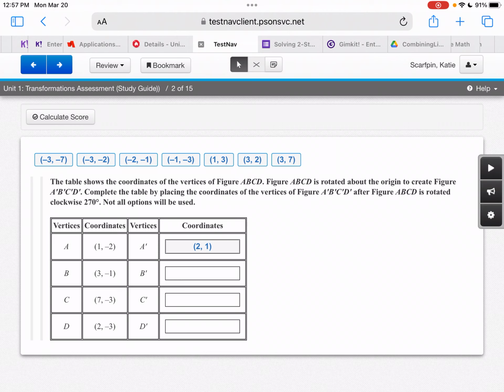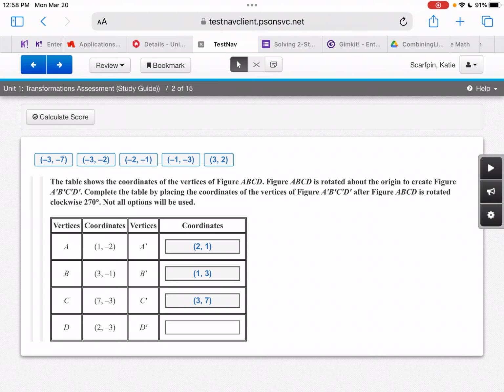Instead of it being negative 1, 3, it's going to be positive 1, 3. And instead of it being negative 3, 7, it's going to be positive 3, 7. And instead of it being negative 3, 2, it's going to be positive 3, 2. Now, you can find that information in your rotations notes, and it's going to tell you exactly how to rotate these. Or, and my advice would be, to plot these out on graph paper and then rotate them using your patty paper.